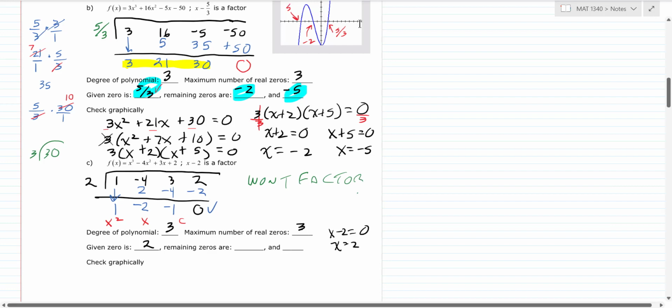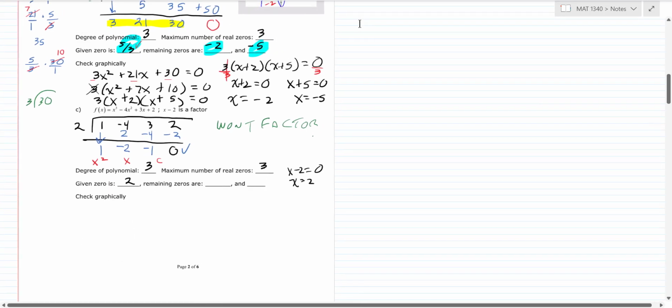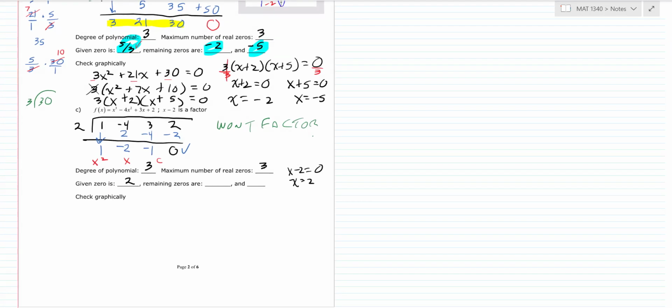All right, so I'm going to go down to the bottom of the page and we're going to put in the quadratic formula. I'll write down the quadratic formula: -b plus or minus the square root of b squared minus 4ac all over 2a. Then we'll put everything in.